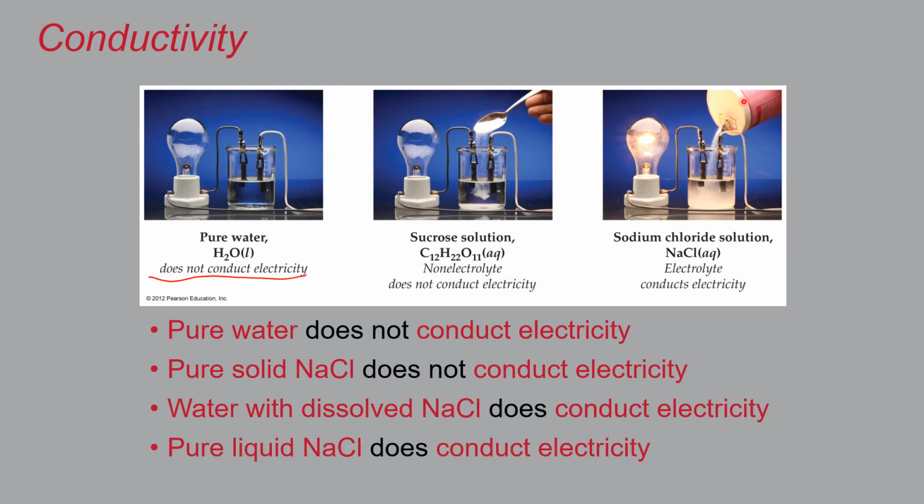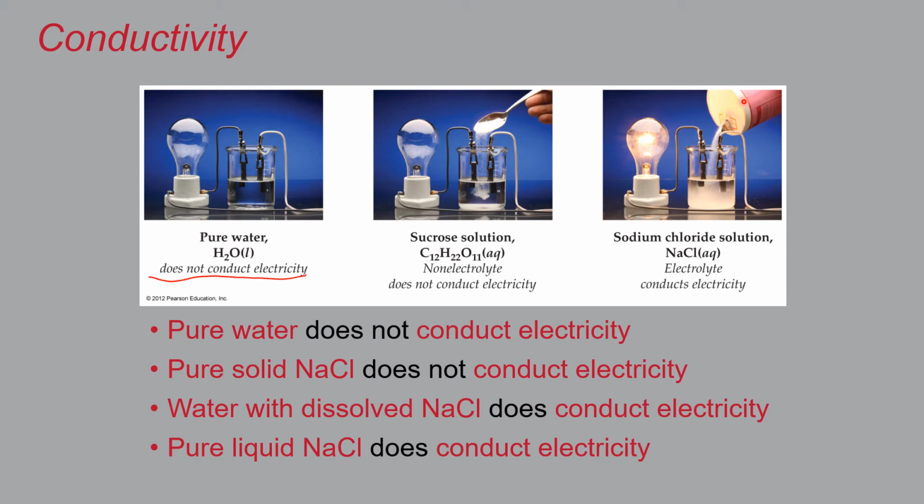All right, and the other thing to note is that if you were to take pure sodium chloride and melt it, that resulting liquid also conducts electricity. We talked about this when we described various types of solids, that what's necessary for electrical conductivity is a mobile charge carrier. So sodium chloride is chock full of charge carriers.